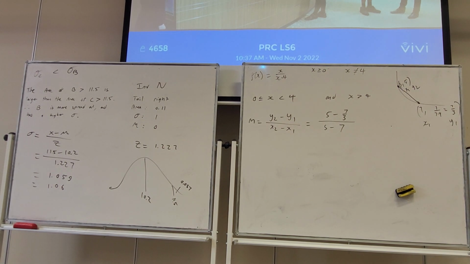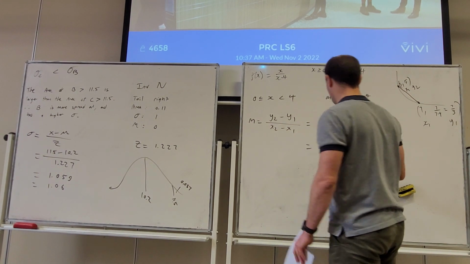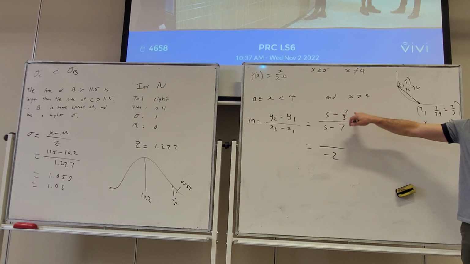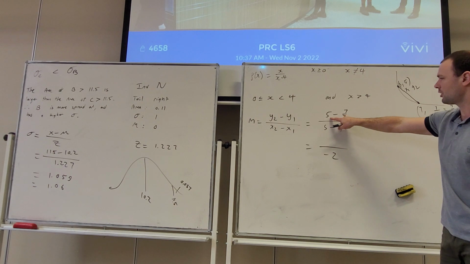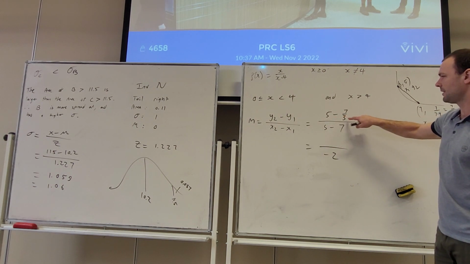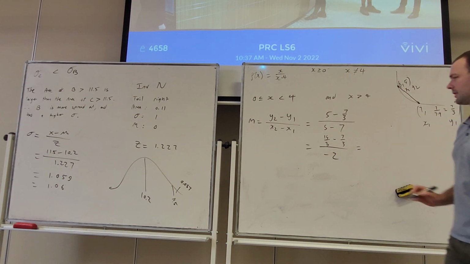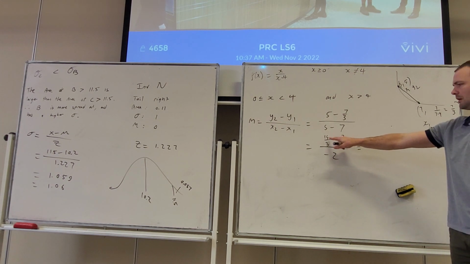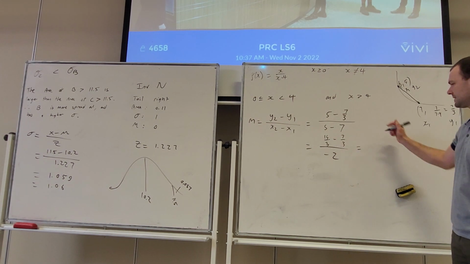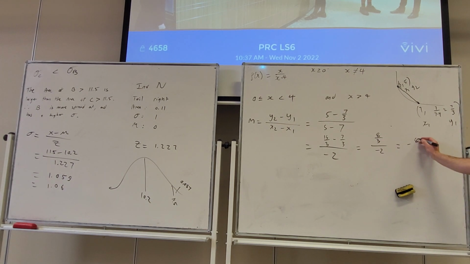All right, let's evaluate that. So we've got 5 take 7, we've got minus 2 at the bottom. Now 5 take 7, just chuck this in your calculator, but here we go. We need 5 to have the same denominator. So that's going to be 15 on 3, take 7 on 3. We've got the same denominator, so now we can form it. 15 take 7 is going to be 8 on 3 on minus 2, minus 8 on 6, minus 4 on 3.